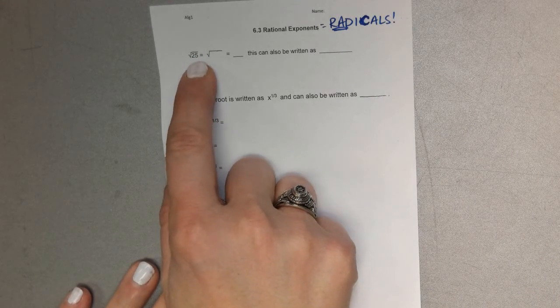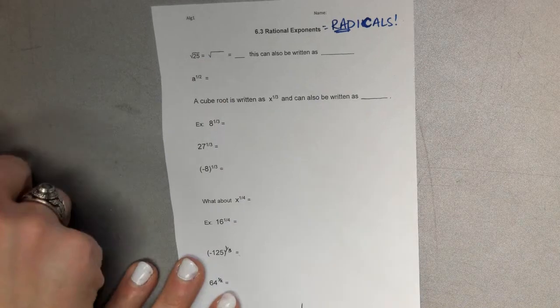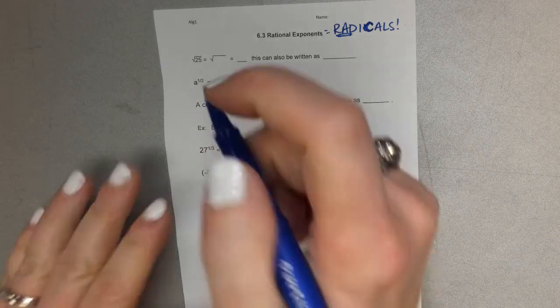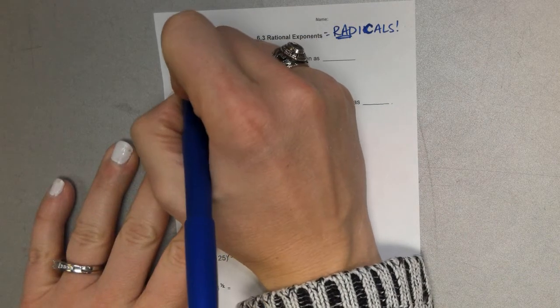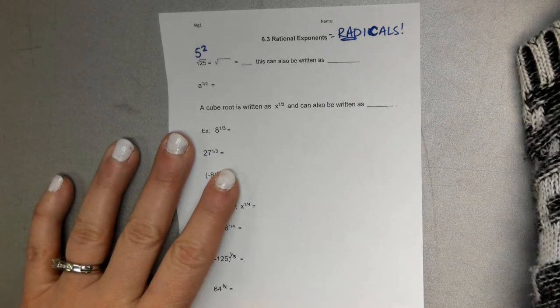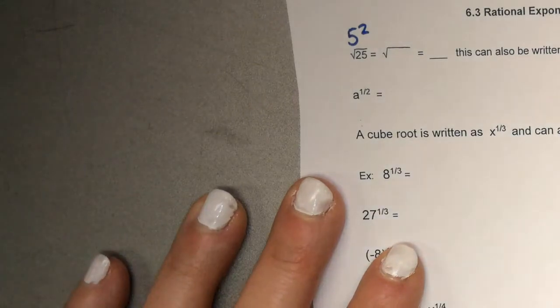So what we're going to do, we're just going to start with this easy square root problem. You know that the opposite of a square root is an exponent, right? So, for example, I'm going to write it up here. 5 squared, right? The opposite of 5 squared, and let me zoom in so you guys can see these notes better today.